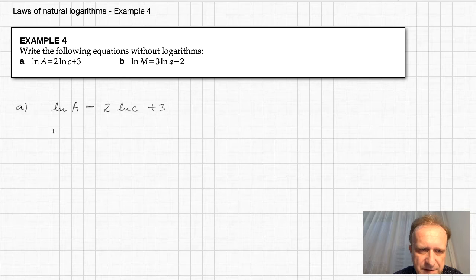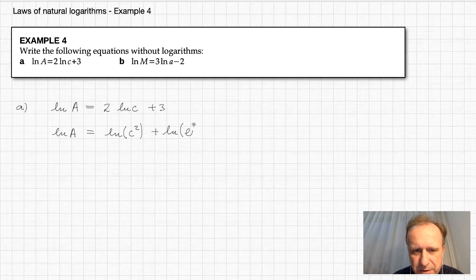So the left hand side is just a single logarithm, so I'll leave it without any change, but on the right hand side I can use the power rule law to replace the first term by the natural logarithm of c squared, like this, plus, and now I can use another law which says that 3 can be replaced by the logarithm of e to the power of 3, because we know that the natural logarithm of e to any power y is just y, because this was one of the laws outlined in the first video about the laws of natural logarithms.